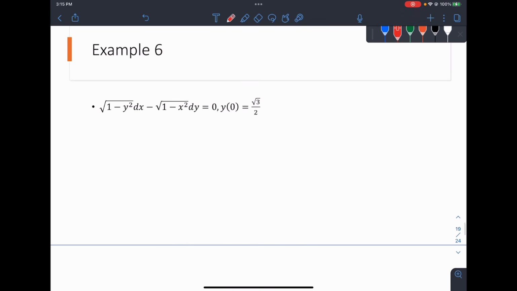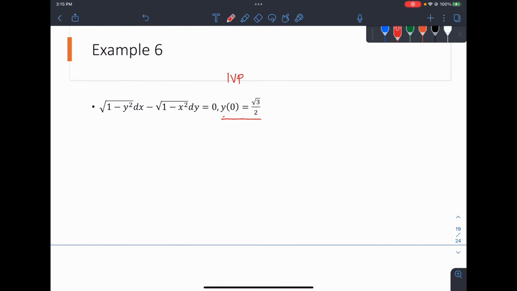So we have another example. This time around, we are given an initial value problem. When I say initial value problem, I'm referring to the fact that we are given an initial condition.